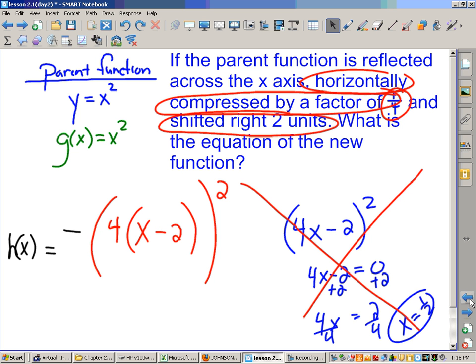If I horizontally stretch something, is that the same thing as a vertical compression? Yes. On a graph, they are.